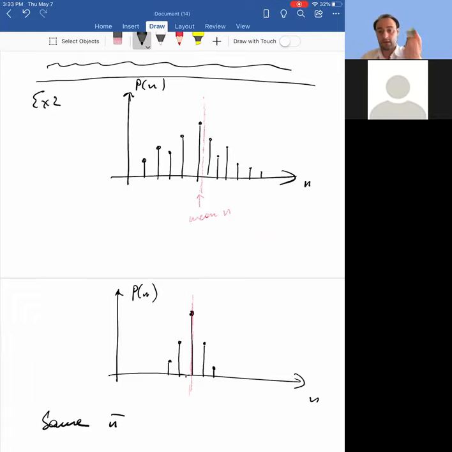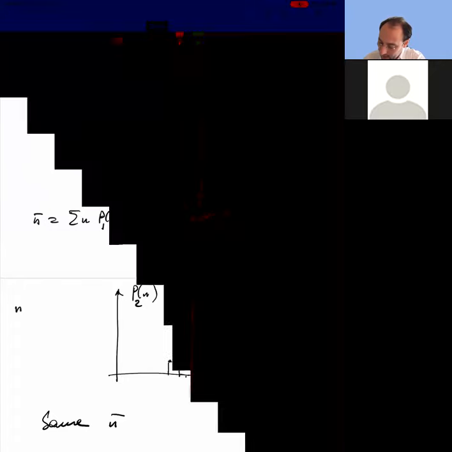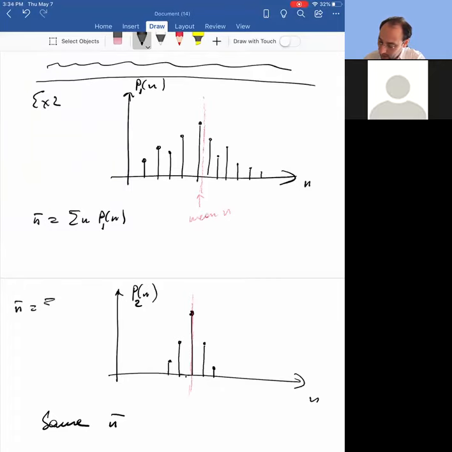First of all, the mean value is the same, and the sum of p of n is also 1. So the mean value equals the sum of n times p of n. Let's say this is p1 and this is p2. They're different distributions, and the mean value of the first distribution equals the mean value of the second distribution.